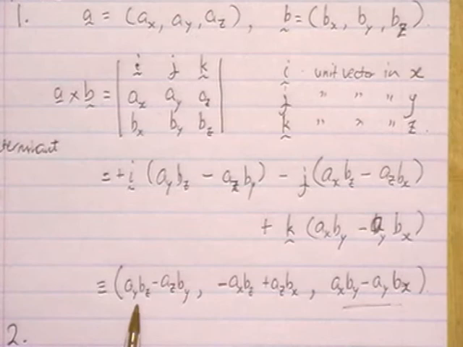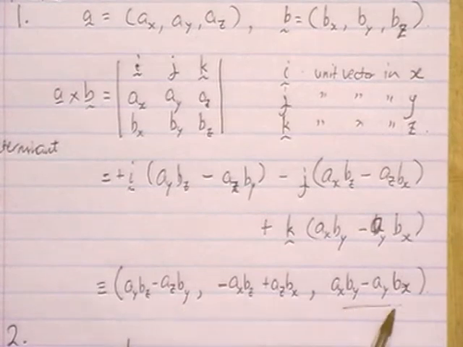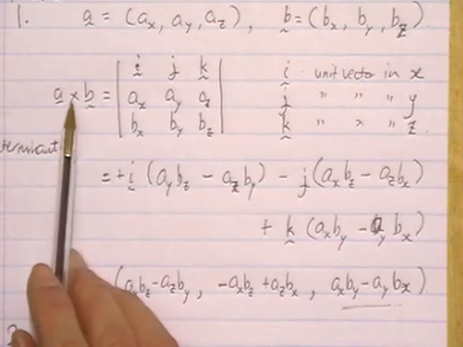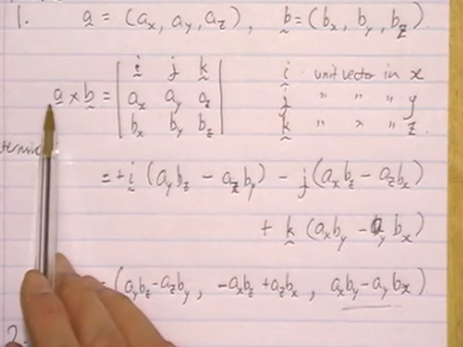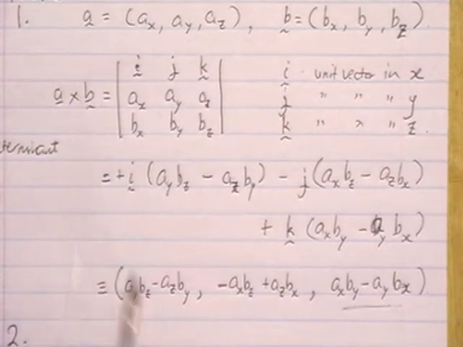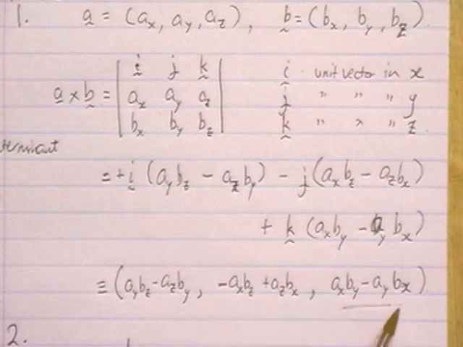If I look at this formula that I want to prove, the formula for the components of the cross product, we should look at the z components.